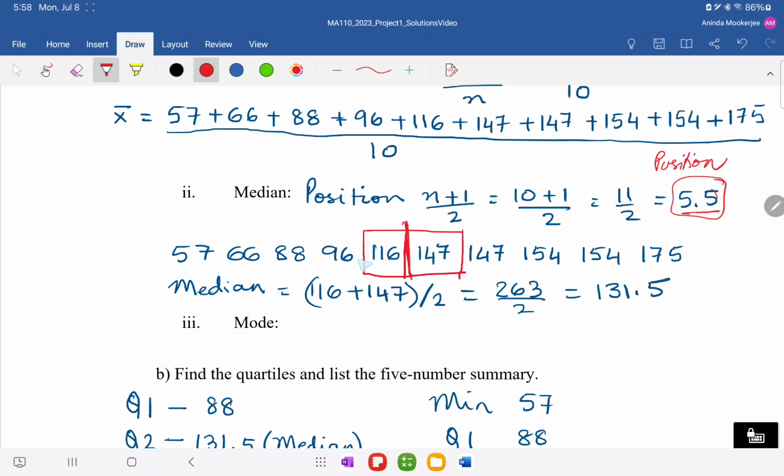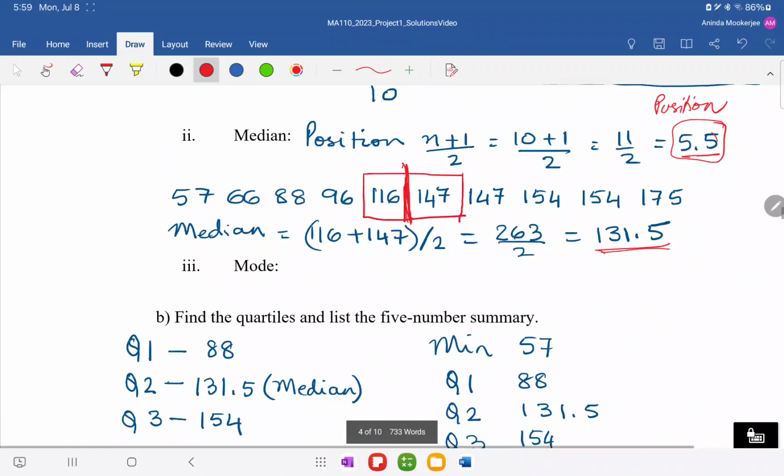So you find the average of these two values around that position. So 116 plus 147 divided by 2 is 263 divided by 2, for a value of 131.5. So this is how you find the median, and make sure again you show the process.